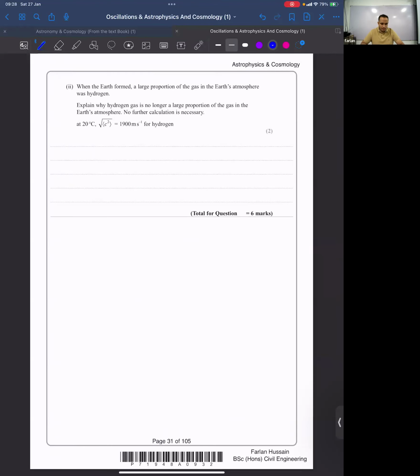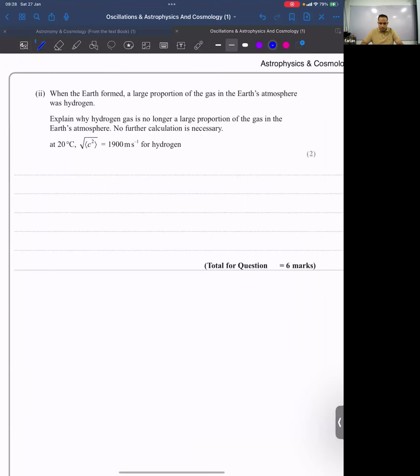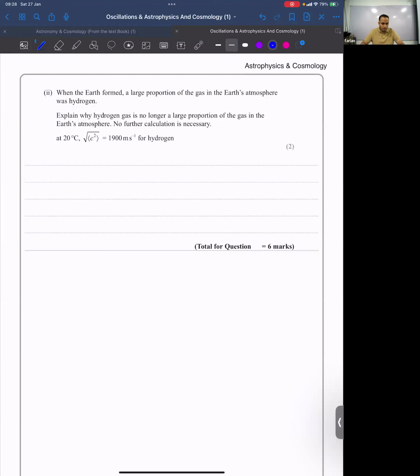The next part. When the Earth formed, you know, Earth was formed, right? When? 4 billion years ago.